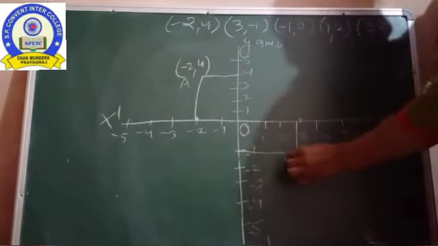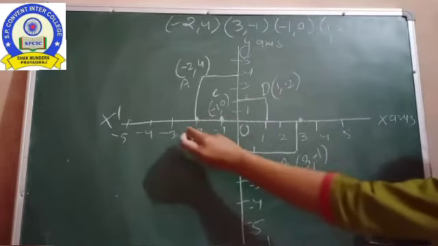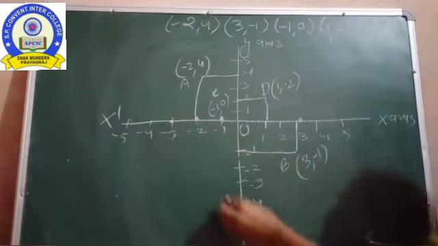This is point D, and E is (-3, -5). It is point E. Clear?